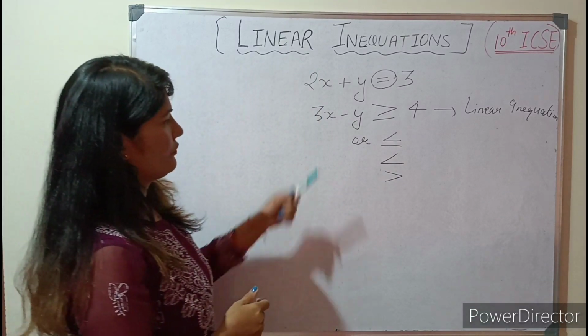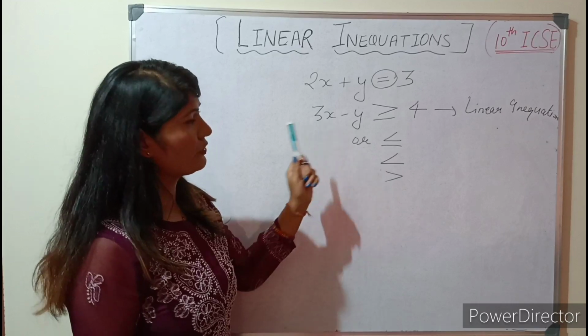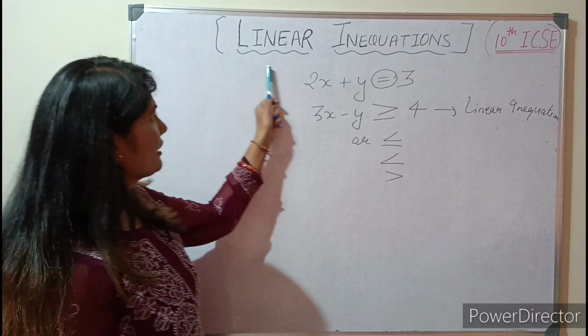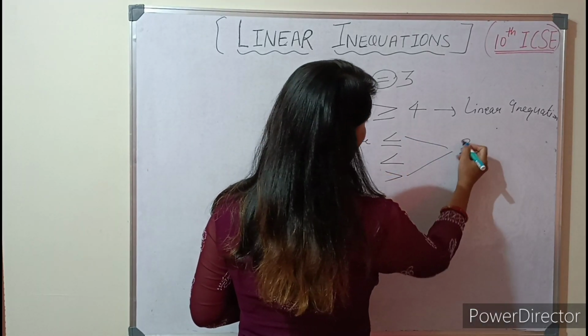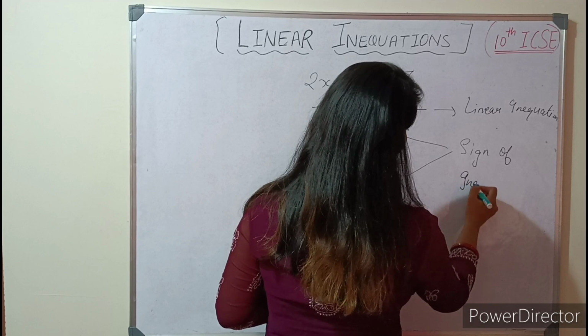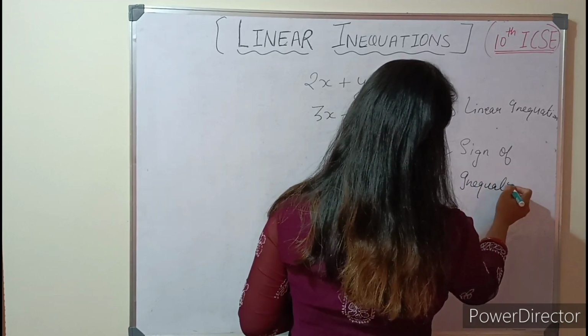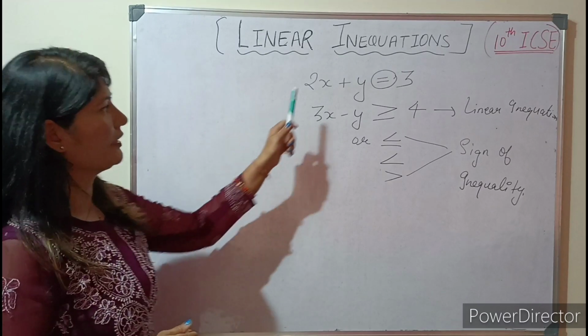Clear? So wherever in the equation you see the sign, then this equation will be known as linear inequations, and these signs are known as signs of inequality. So this is about the linear inequations.